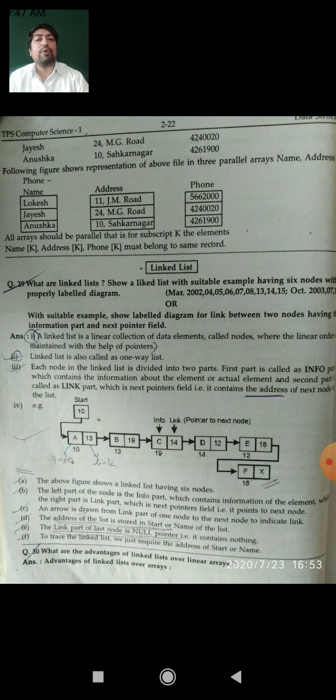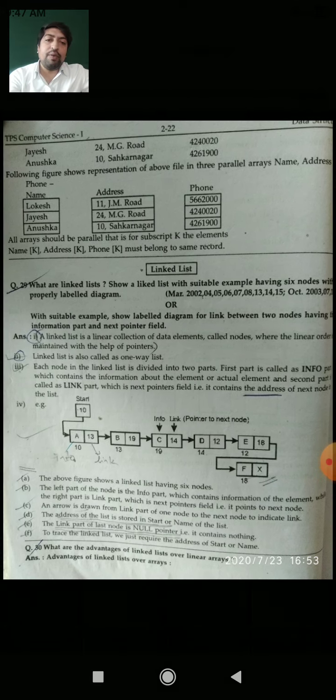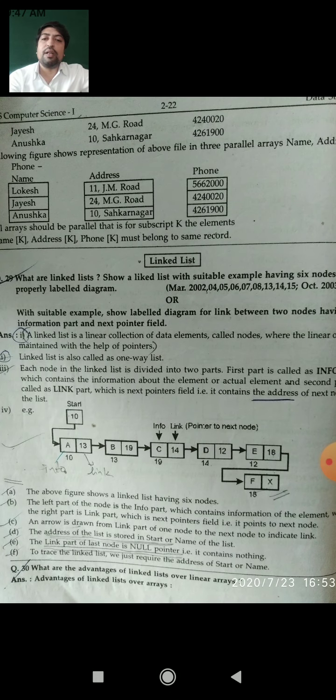The question is divided into different sections: the concept of linked list, an example of linked list with 6 nodes, which I will explain in detail since you don't know about the node yet. With a suitable example, show a labeled diagram for the link between two nodes having the information part and the next pointer field, etc.